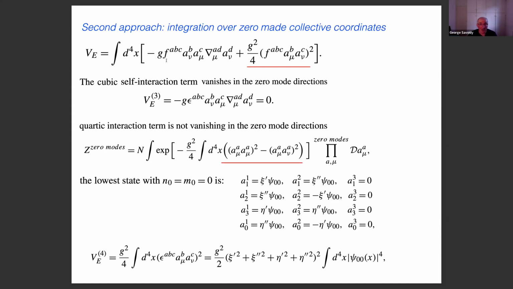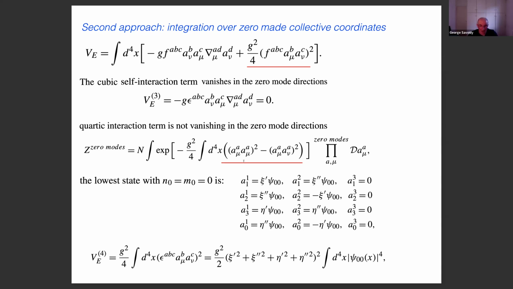So again, consider these nonlinear terms. Now, this cubic term, as I explained, is equal to 0. And we have now the path integral over zero modes, which contains just this nonlinear term. If you put it here, epsilon a, b, c, and square, you get these two terms. One is a mu, a mu, but here a nu times a nu.